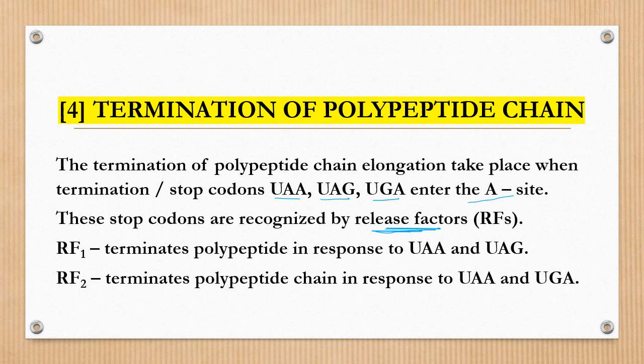There is no tRNA for these stop codons, but they are recognized by the release factors, RF. These release factors are RF1 and RF2. RF1 terminates the polypeptide chain in response to UAA and UAG. And RF2 terminates the polypeptide chain in response to UAA and UGA.